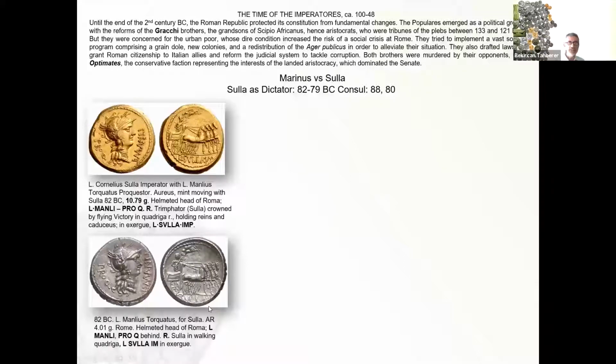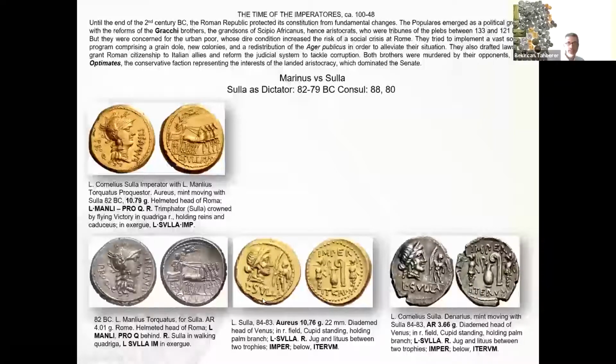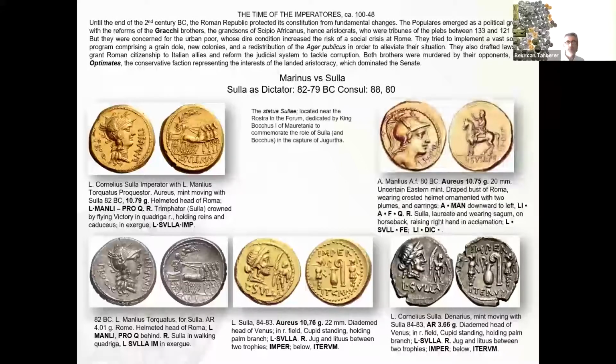And the same type appears on a silver denomination. And other types appear in gold and silver, representing the image of Sulla. And maybe the most interesting one is this aureus or stater, actually 10.75 grams again, minted in an eastern city. We don't know which one. It's quite rare though.